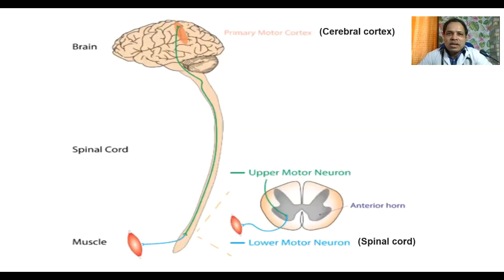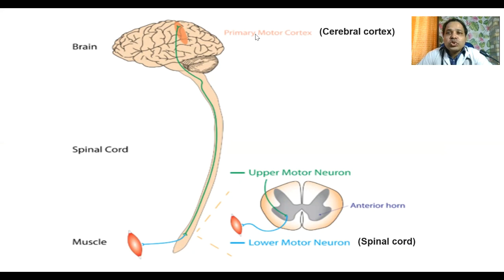The green one represents the upper motor neuron and the blue one represents the lower motor neuron. Till today you knew only this: that there is one upper motor neuron, and if a lesion happens somewhere here, you get some signs and symptoms, and there's one lower motor neuron, and if there is any lesion somewhere here, you get another set of signs and symptoms.